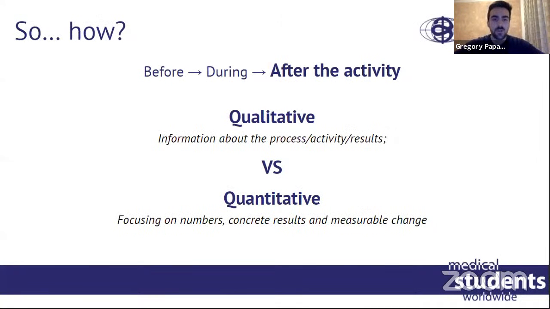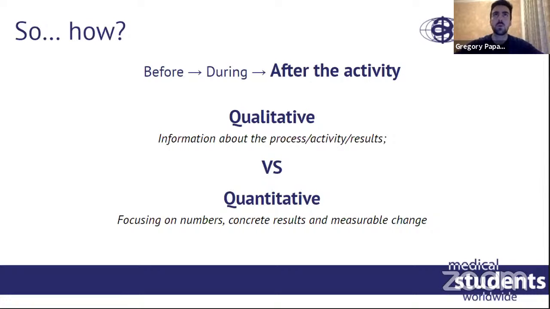And now we're moving on to the after the activity, which, as I said in the beginning, is one of the most vital parts regarding activity management. So here we have the qualitative and the quantitative methods. Well, the qualitative methods are about to inform you about the process of the activity and some results.